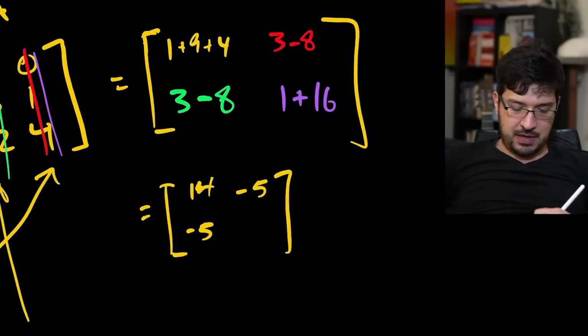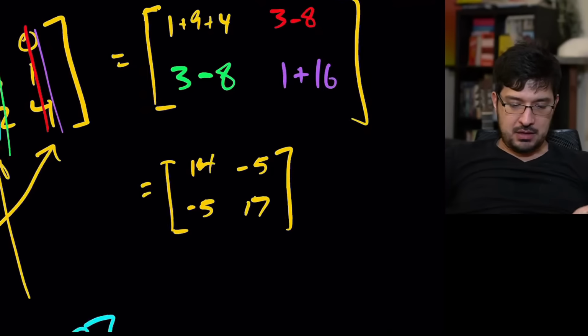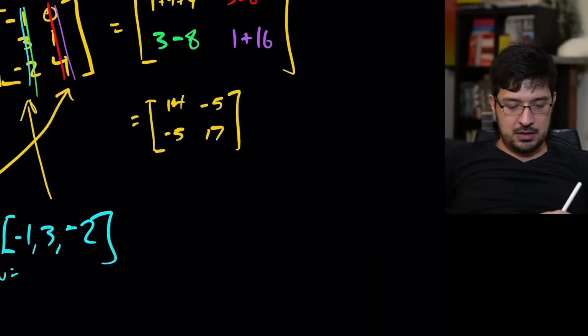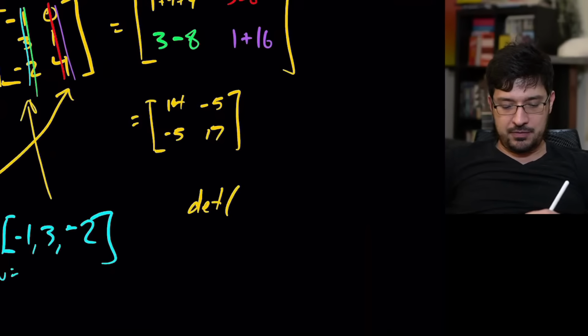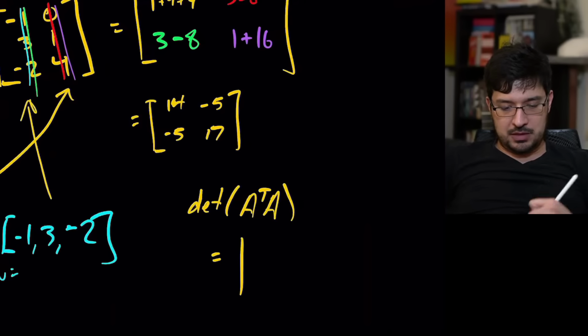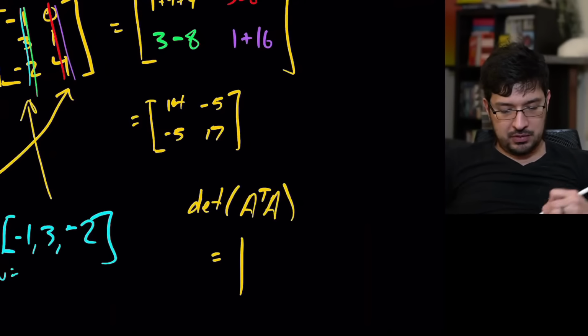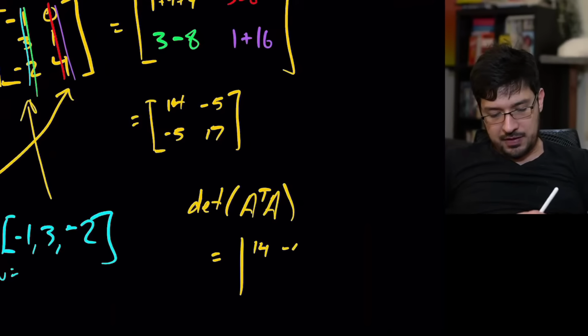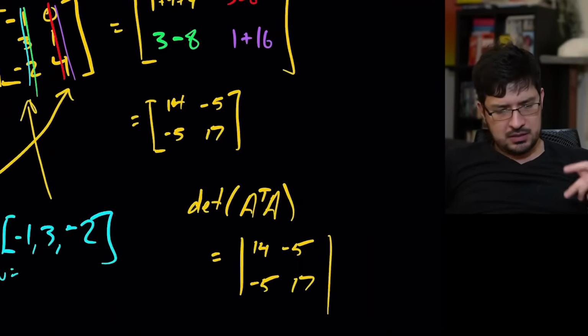Okay, so now the determinant of A transpose A is going to be the determinant of this matrix, 14, negative 5, negative 5, 17. Did I get this wrong?